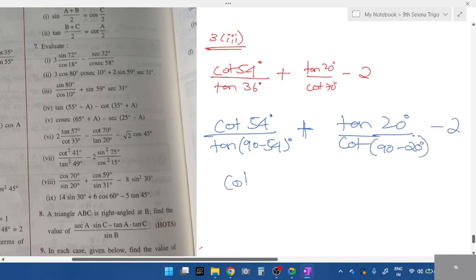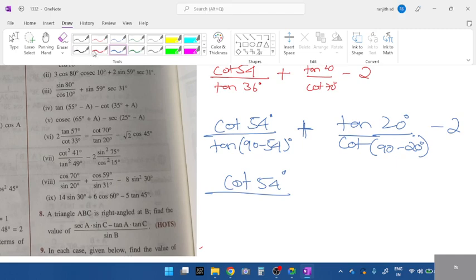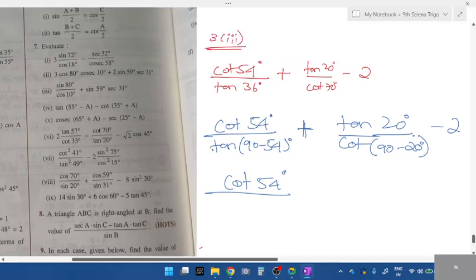Write the second step, cot 54 divided by. Now convert tan into its complementary, which is cot. This angle is 54. Keep this in mind, Andrea. Only if you write cot 54, it will get cancelled, right?